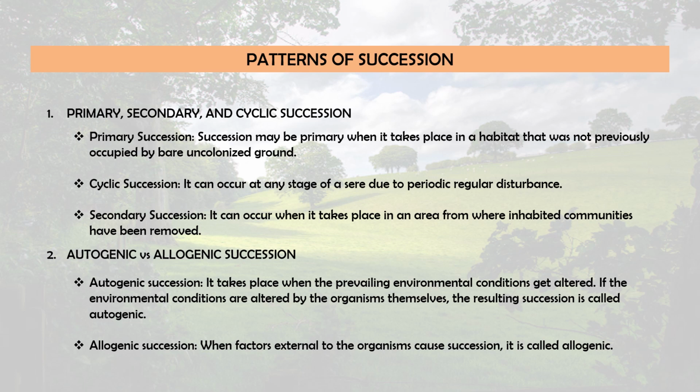In autogenic succession, the prevailing environmental conditions get altered, like if the environmental conditions are altered by the organisms themselves, then autogenic succession occurs.